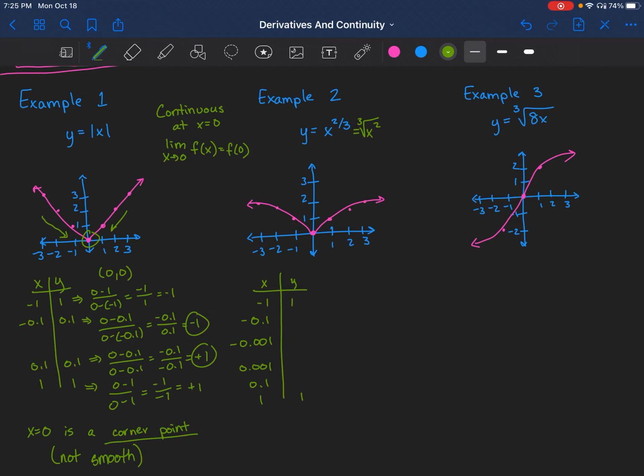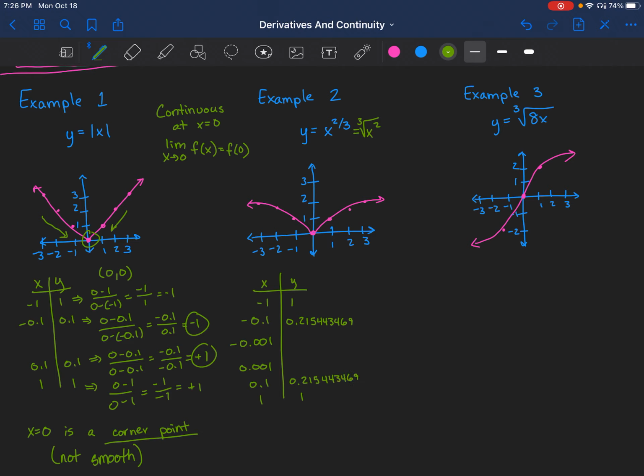So if I do negative 0.1 to the 2/3, we get 0.215443469. Notice this does have a little bit of symmetry here, so even if you plugged in the positive, you would still get the same answer.